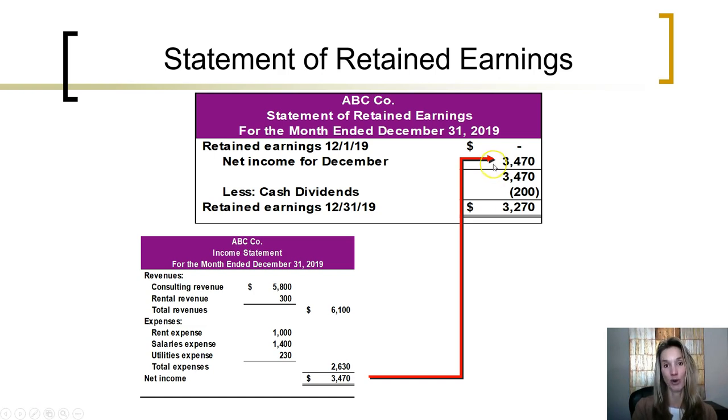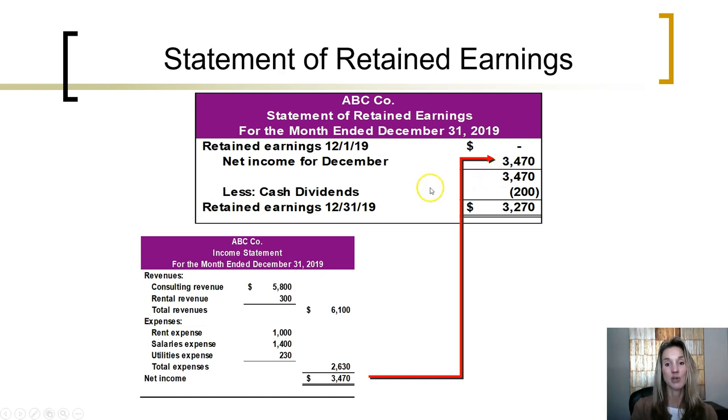We could report all of the revenues and expenses again in the statement of retained earnings, but since we already summarized net income in the income statement, we will just take the amount of net income from the income statement and use that in our preparation of the statement of retained earnings. So the company started with 0 in retained earnings. Income of $3,470 increased retained earnings during the period.